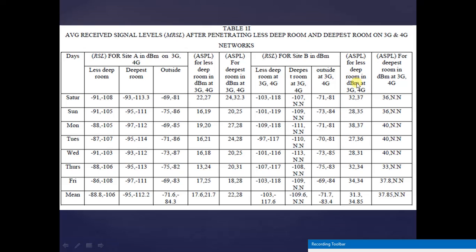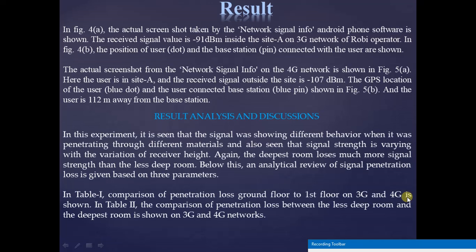For the less deep room, the penetration losses increase in 3G as well as in 4G, and when the receiver goes to the deepest room, no network is received. So from the results, we analyze three things.